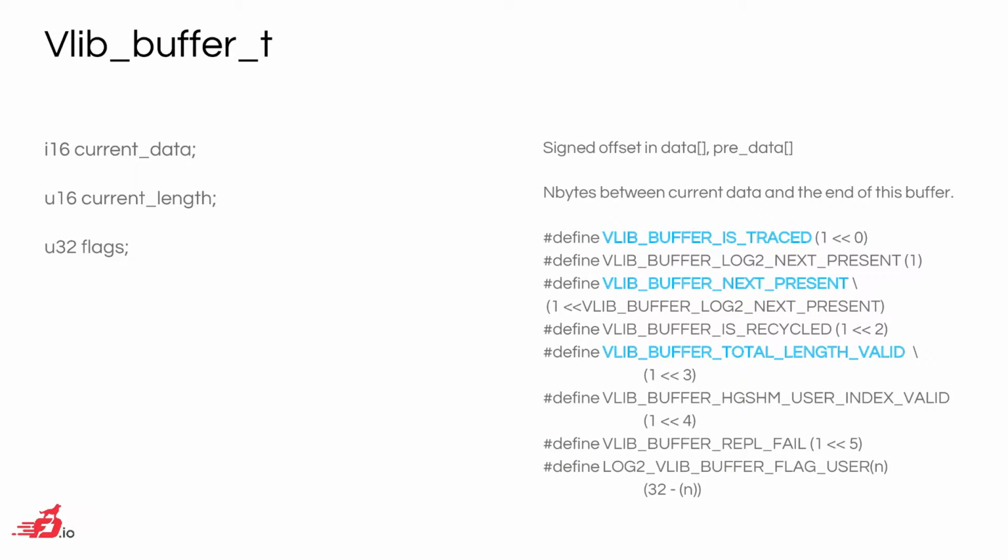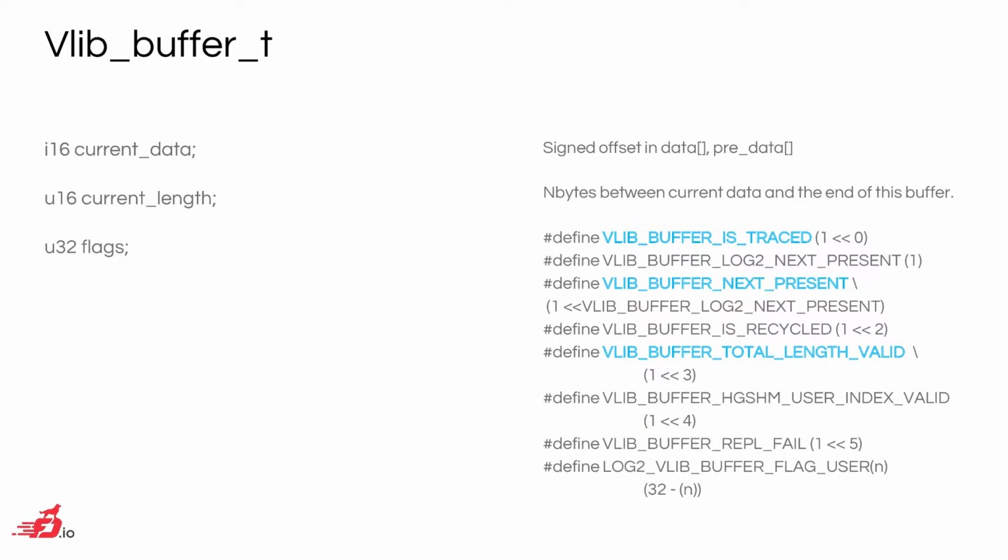Current length is, again, as it says, the number of bytes between the current data and the end of this buffer. Now, obviously, you can end up with a chain of mbufs with a chain of vlib_buffer_ts. The two structures are maintained in parallel as chains, simply so that long pre-existing VPP code will continue to work.